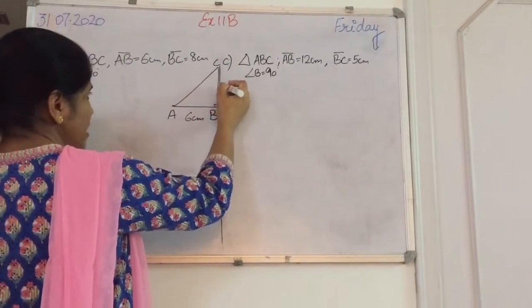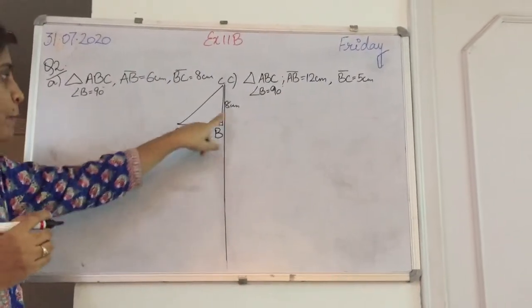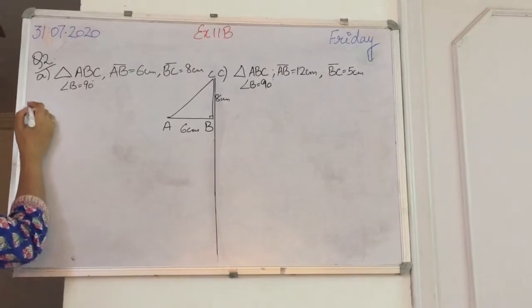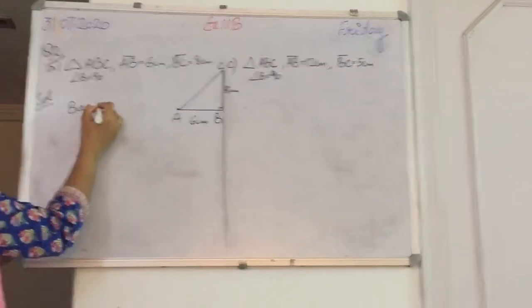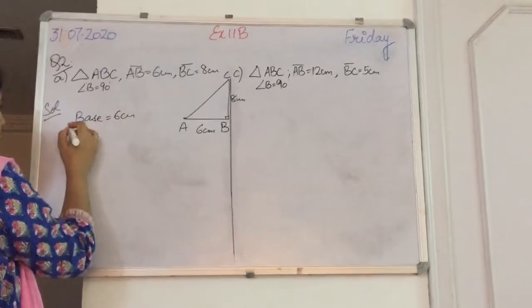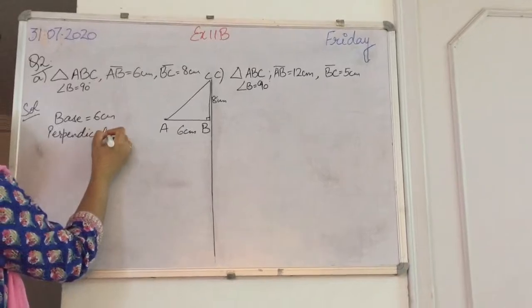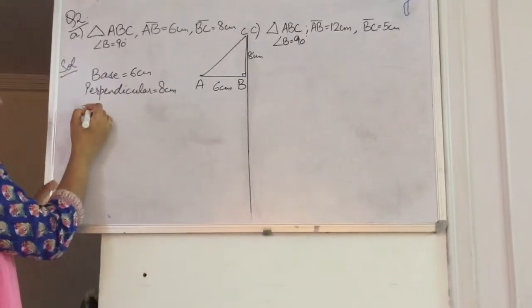Now students, BC is 8 centimeter this side. So base is 6, perpendicular is 8. So we write here in the solution that base is 6 centimeter, perpendicular 8 centimeter. We have to find out hypotenuse.